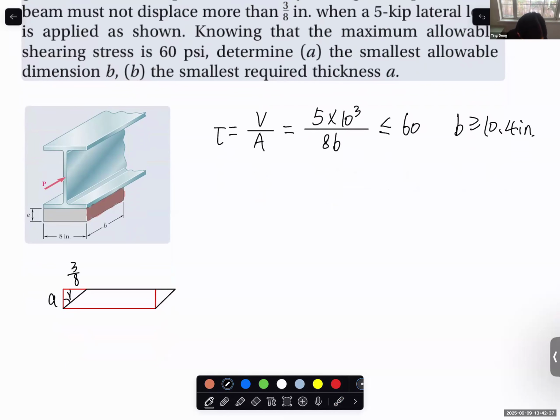And of course, from this figure, we know that tangent gamma equal to delta over A. And the gamma also equal to shear strain equal to shear stress over shear modulus.